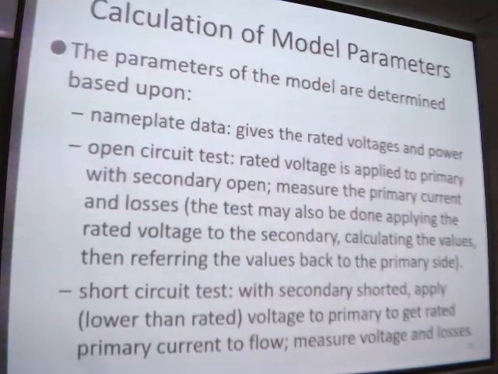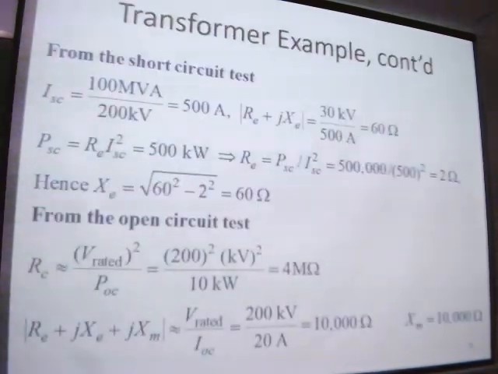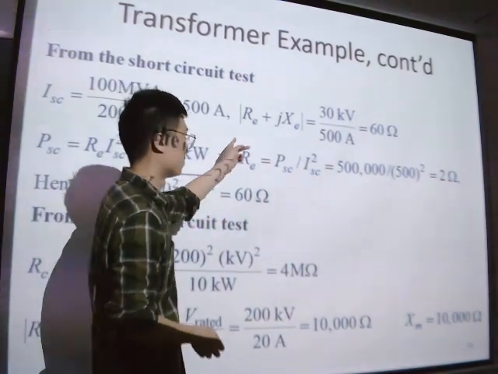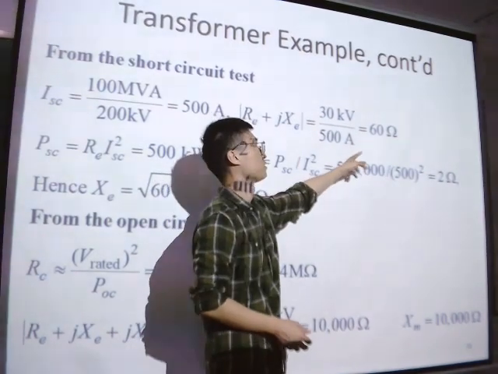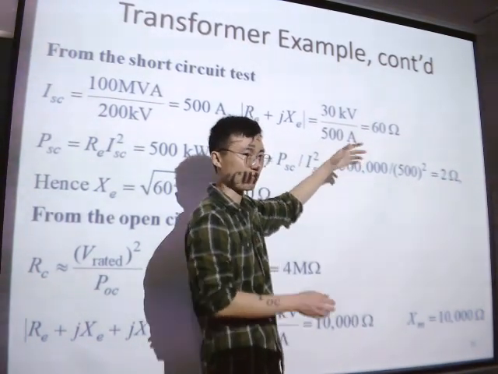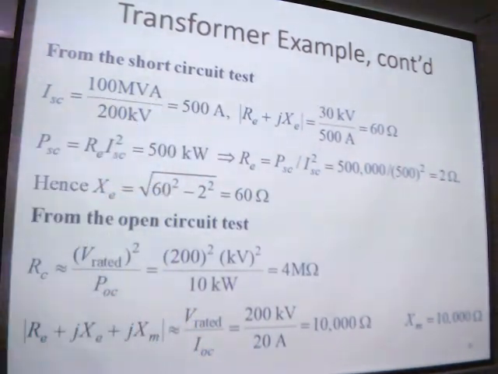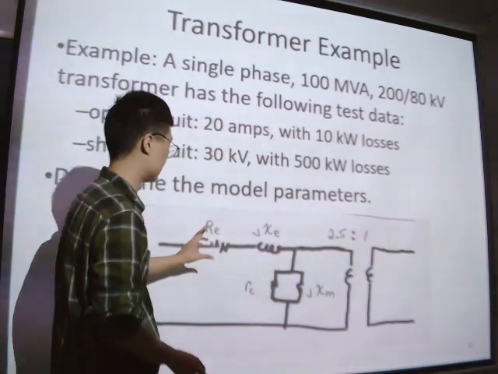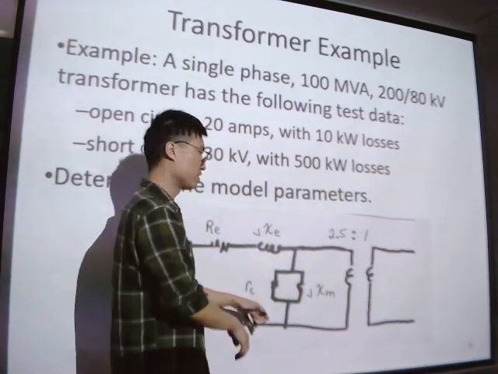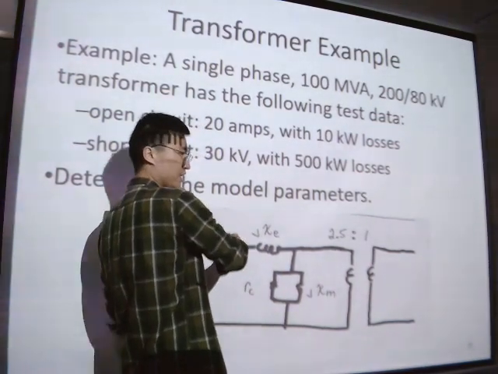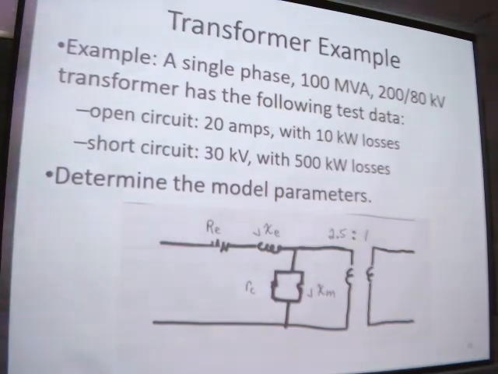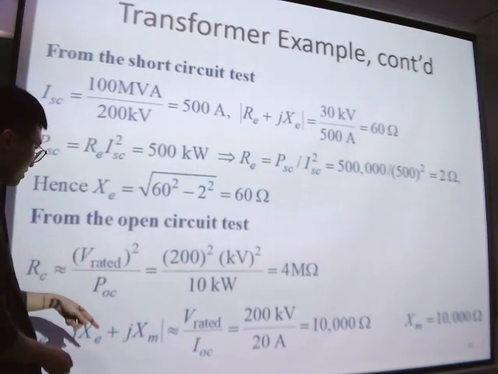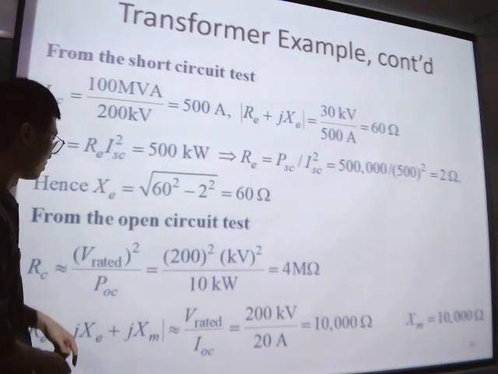From our previous consequences, we can see that the total impedance is 60 ohm, right? It's quite small. So we will assume that the rated power is applied here. No voltage is here, okay? So it's an approximation. So there will be 200 divided by the losses.